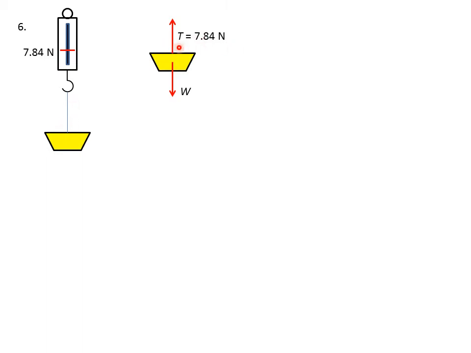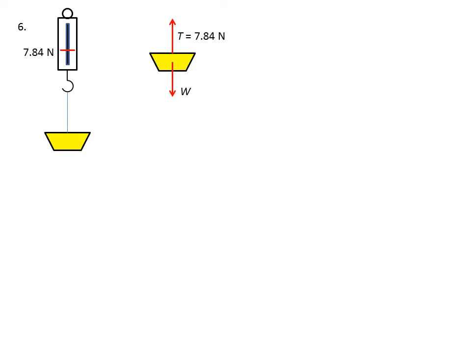Of course, this tension is related directly to the reading of the spring balance, because it is what is causing it to give the reading. So this tension here will be the same as the reading of the balance.